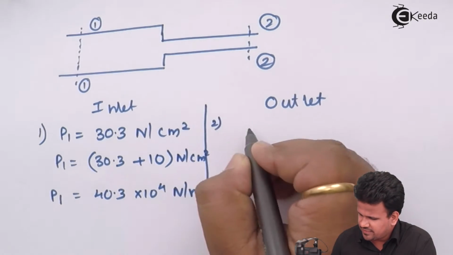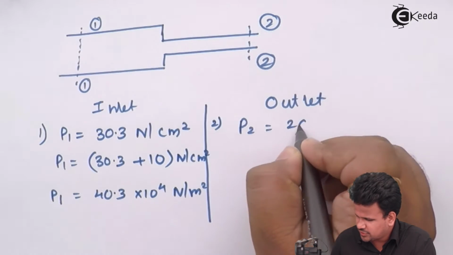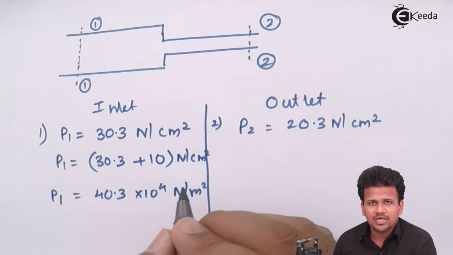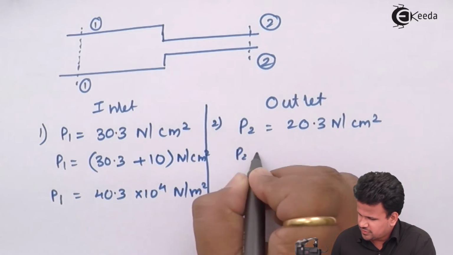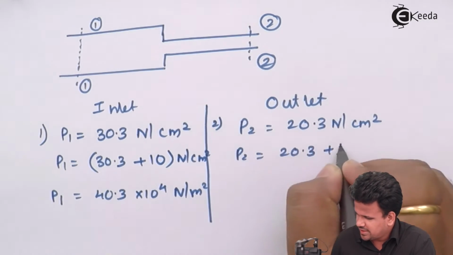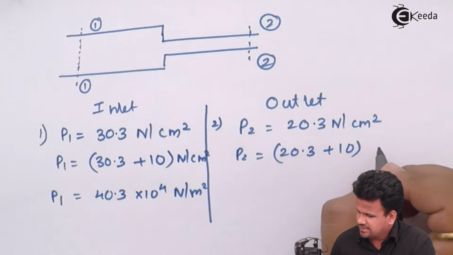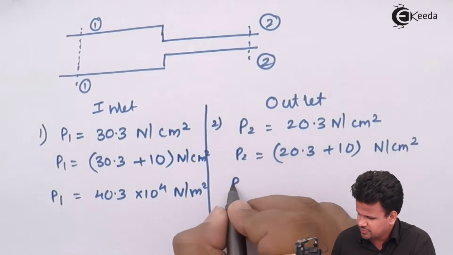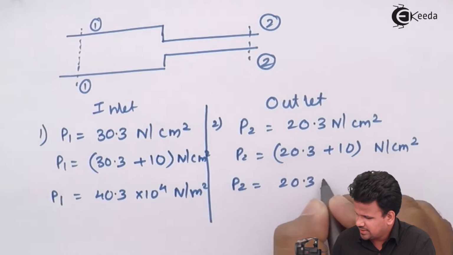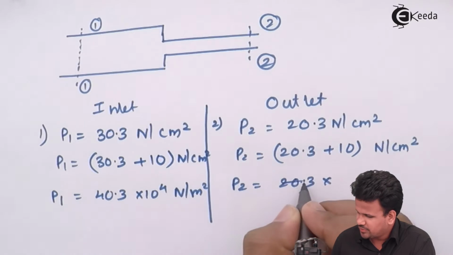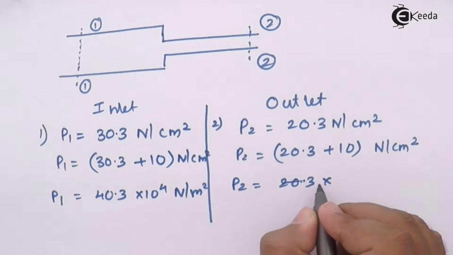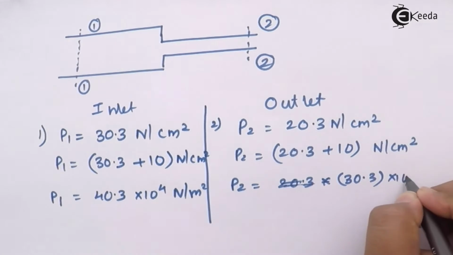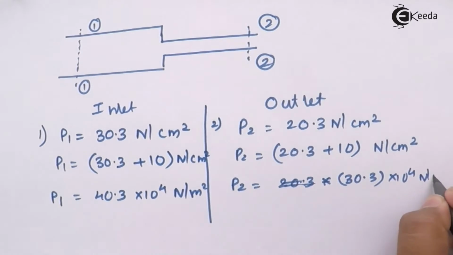At the outlet, similarly, we have the pressure given to us as 20.3 Newton per centimeter square. That is the gauge pressure. To convert into an absolute pressure, P2 is equal to 20.3 plus the atmospheric pressure, that is 10 Newton per centimeter square. So this entire part will become 30.3 into 10 to the power 4 Newton per meter square.